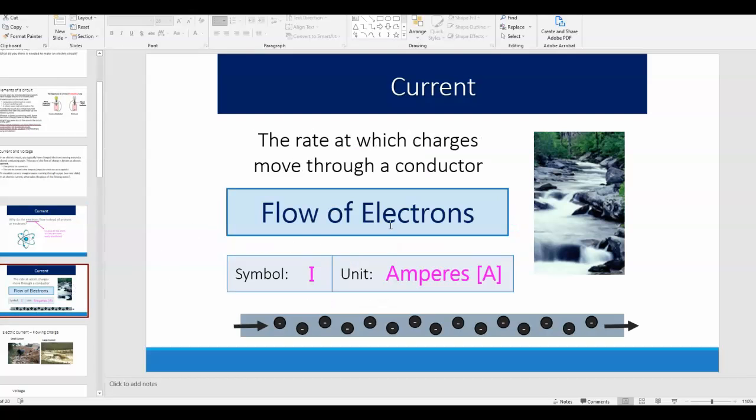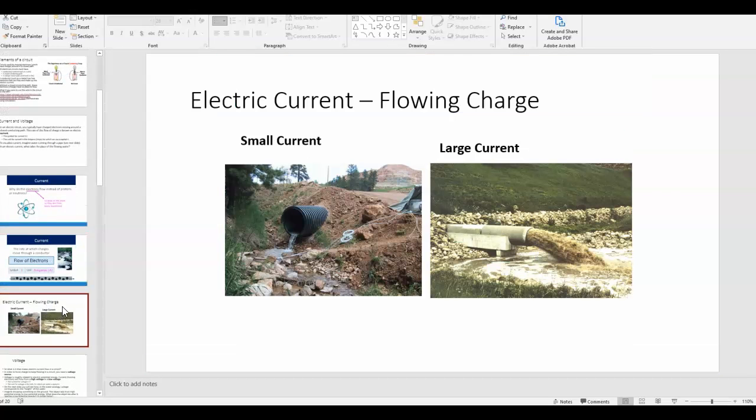This slide is basically just talking about current again. To go back to the water analogy, on the left you can see a picture of a pipe with water trickling out, not very quickly. Whereas in the picture on the right, there's a big flood of water coming out of the pipe. The picture on the left would represent a small current, and the picture on the right would represent a big current.